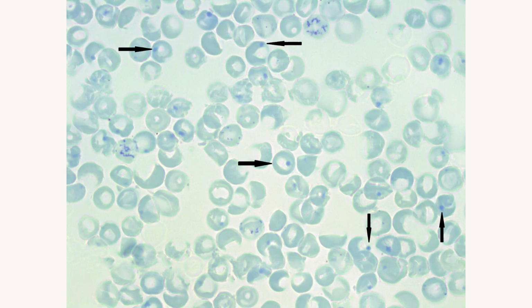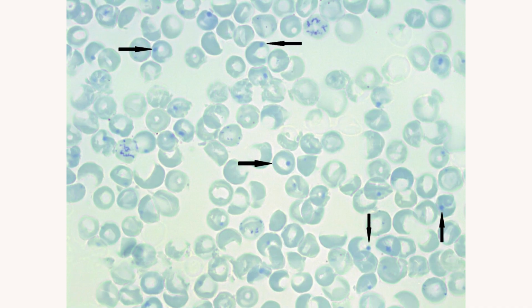So you have to examine the smear using the oil immersion objective for the presence of Heinz bodies. As you can see in this picture, pointed by the black arrows, those are the Heinz bodies. Again, these can only be visualized when stained with a supravital stain.